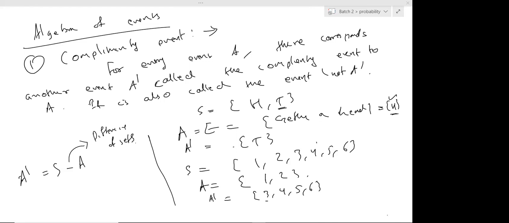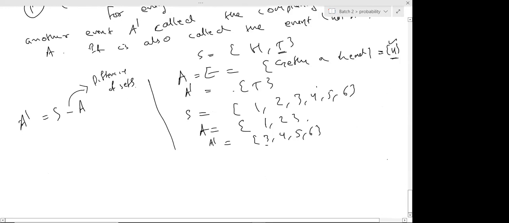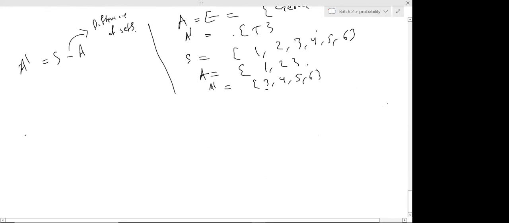All right, note it down. Let's try to solve a question. Consider the experiment of rolling a dice.